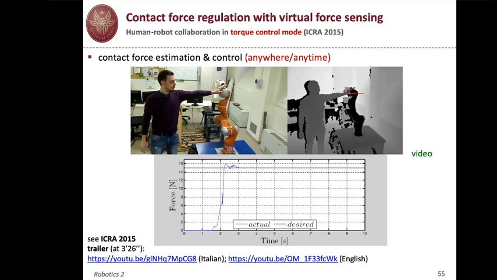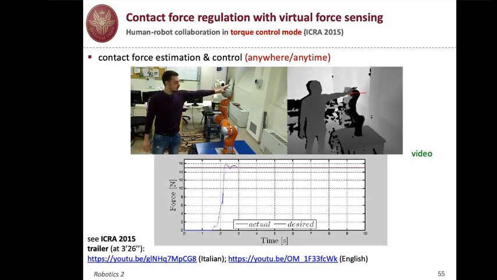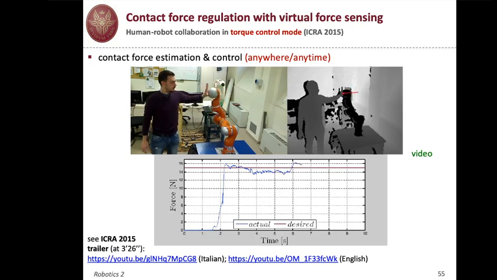So you see, this has been used also for the presentation trailer of ICRA 2015, where our paper got finalist, although not winning the best paper award, but it was well considered. So here you see what happens. Emanuele is pushing, and you see the force is being regulated at around 15 Newton meters.